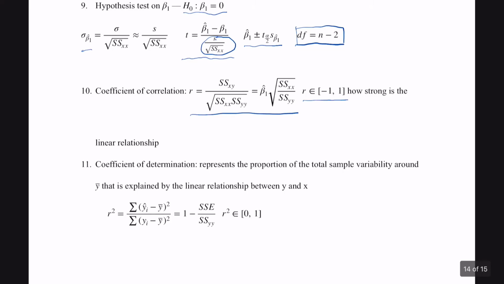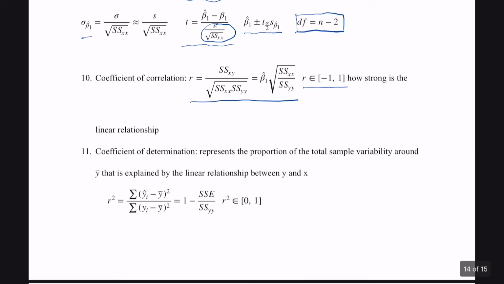However, if you're calculating a sample with r equal to 0, it does not mean that this sample doesn't have a relationship between the two variables. Maybe they just don't have a linear relationship. In this chapter, we only deal with linear relationships.